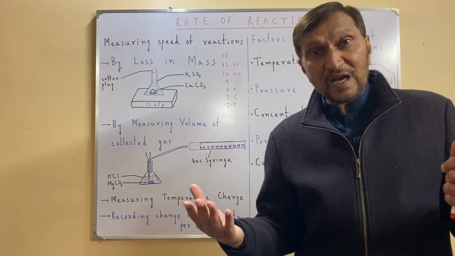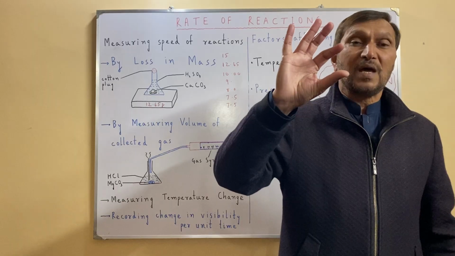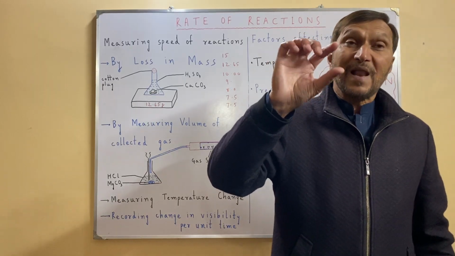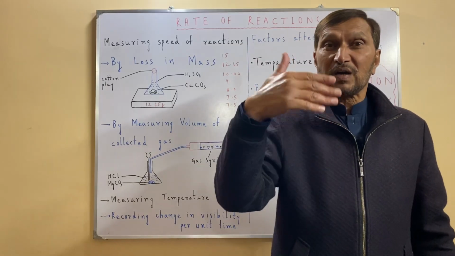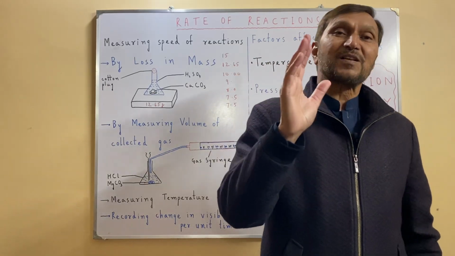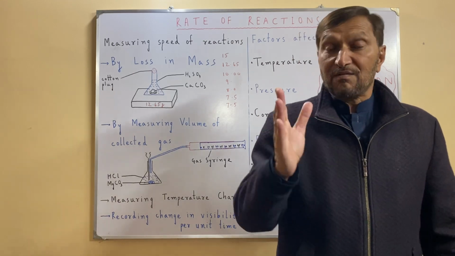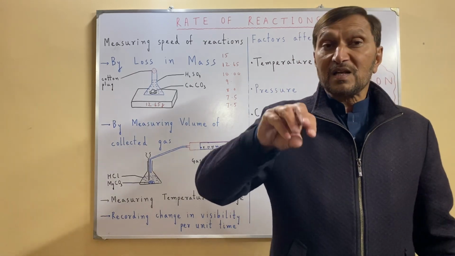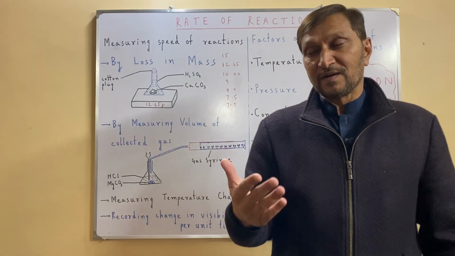On the other hand, if the particle size is large, there is less surface area exposed for the reaction, so there will be less collision, and the rate of reaction is slow.